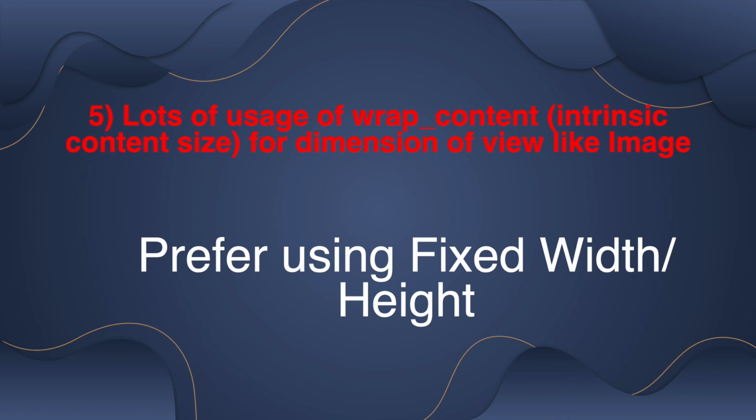Prefer fixed width or height, meaning fixed dimensions for any view. That will reduce slow rendering. Let's take an example: in the case of an image view, instead of wrap content, we can give a fixed width and height.